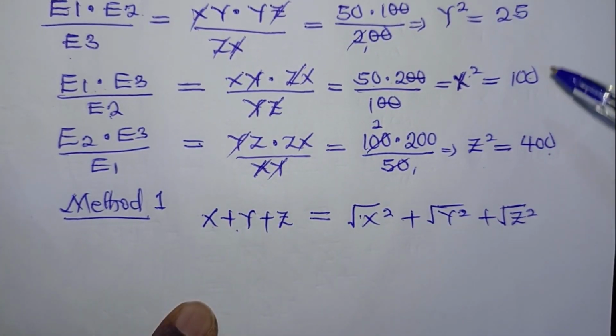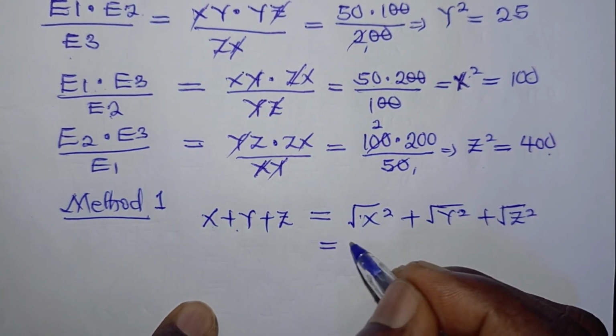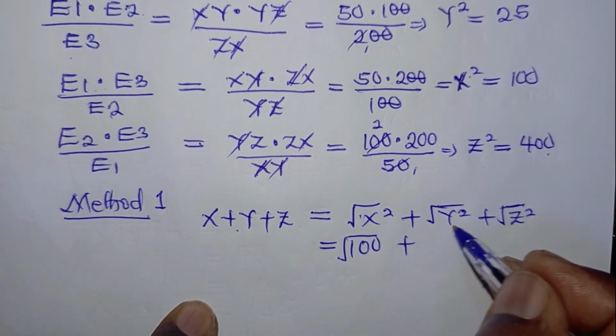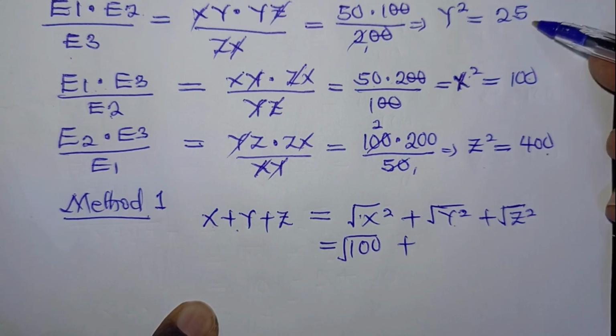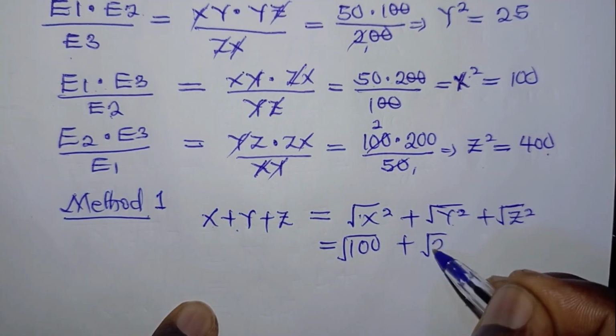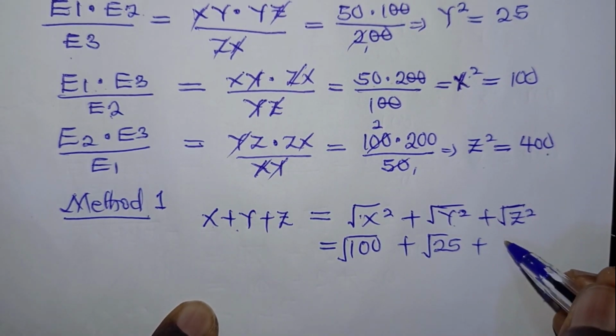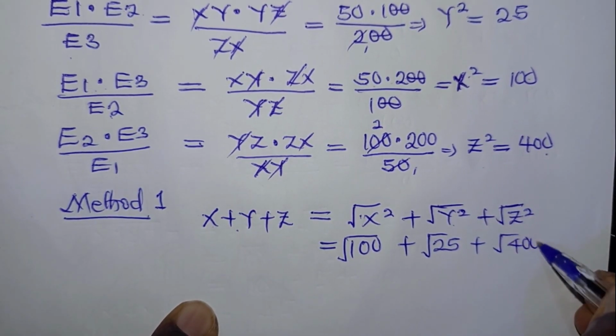Our x squared is 100, so this can be written as the square root of 100, plus y, found as the square root of 25, plus z squared, which is 400, so the square root of 400.